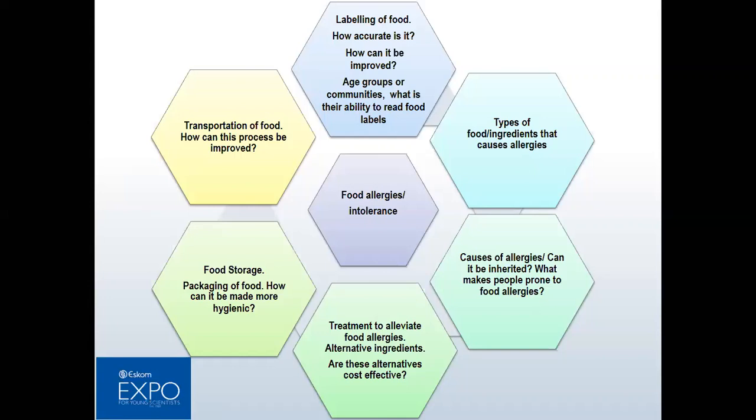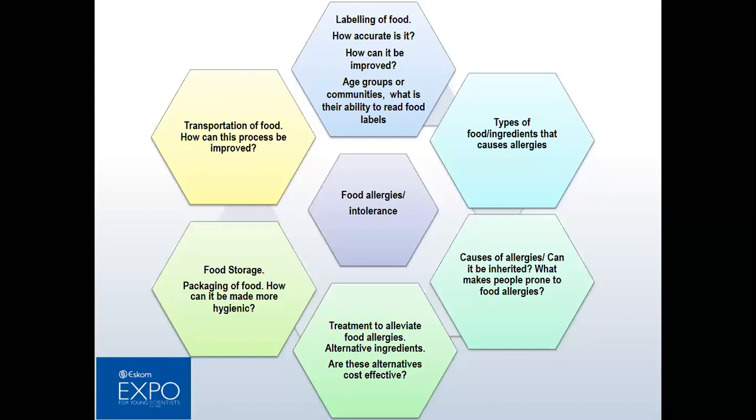So if I chose this type of project, I could actually do a social science study, looking at what makes people prone to food allergies. I could look at how, for example, food allergies are inherited within a particular family.